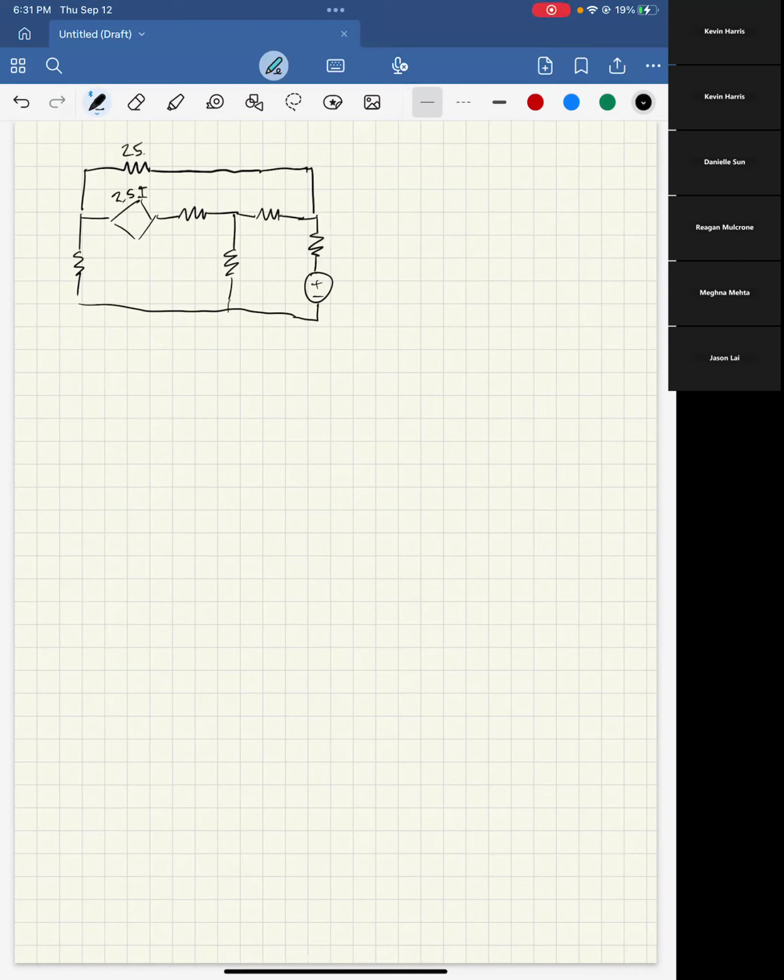So this is our question, and the stated purpose here is to write the node voltage equations as if you're about to solve it.